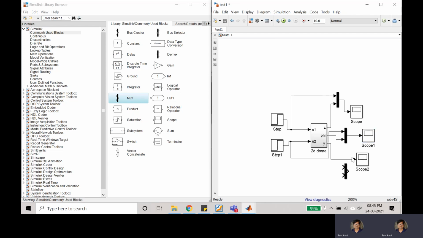This one. Similarly, I'll delete this, and this also here.